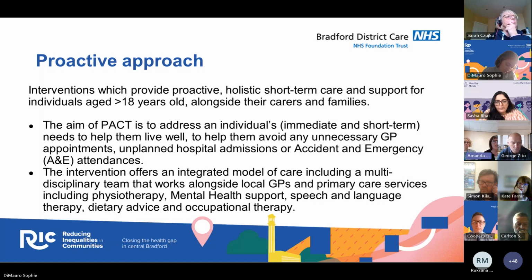Interventions offered are integrated, including our MDT. We work alongside local GPs, other primary care services. We have access to A&E attendances, physios, mental health support, wider groups of people, and those mainstream services that we signpost on to when we've seen them from a proactive care perspective.